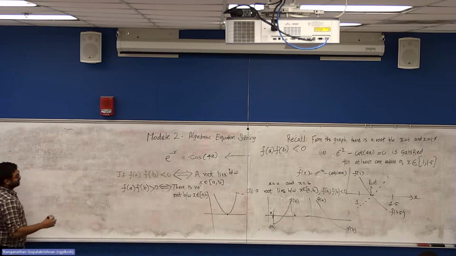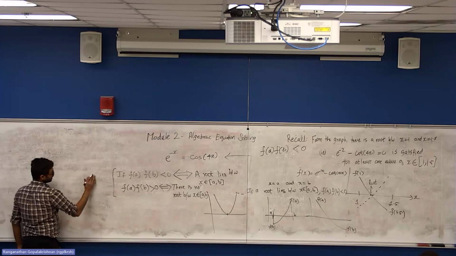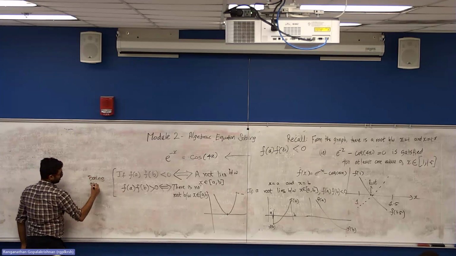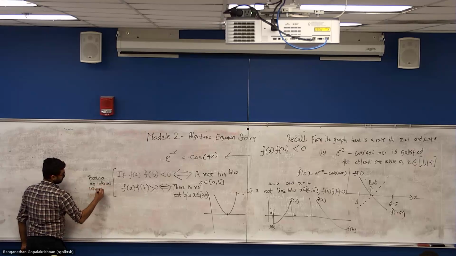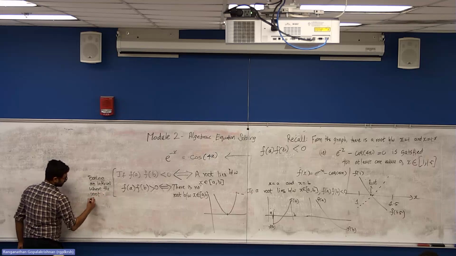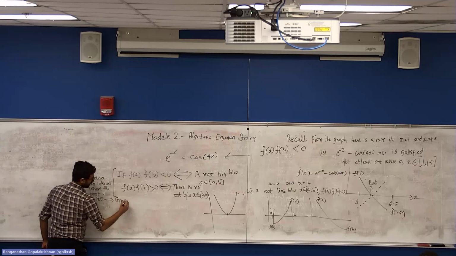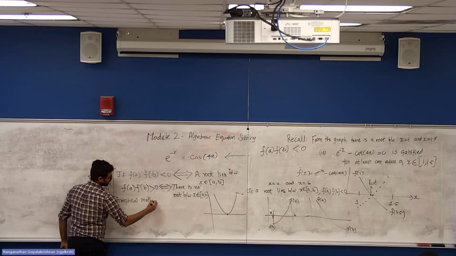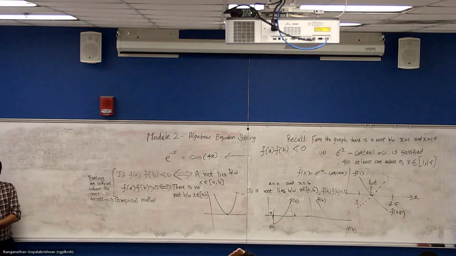So this idea is what we are going to use in all the techniques we'll see. This is essentially boxing an interval where the root exists, and this comes from the graphical method. The graphical method often helps us identify the guess or narrow down a range where the root may be found.